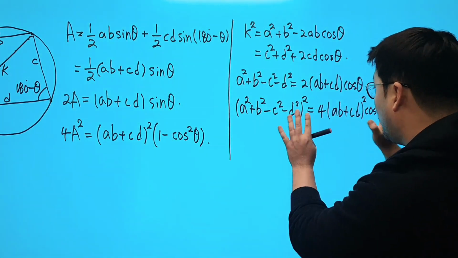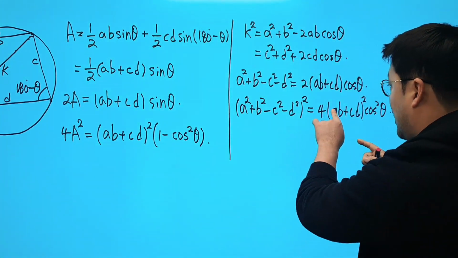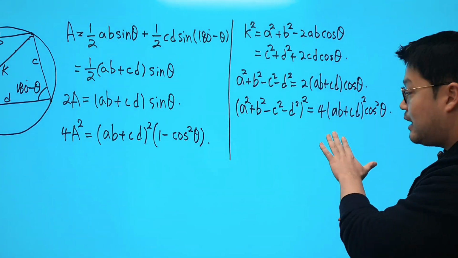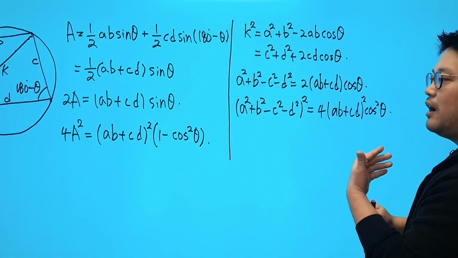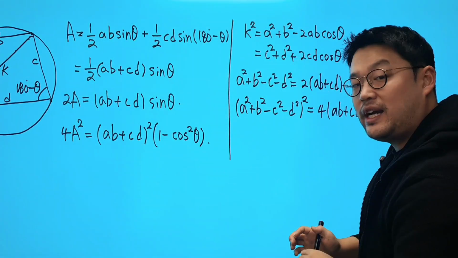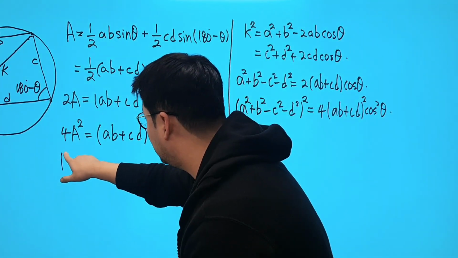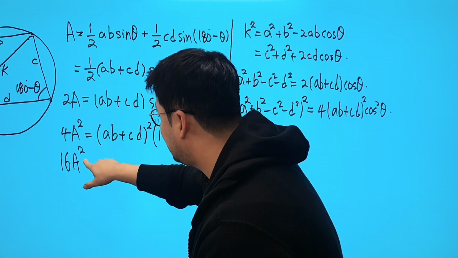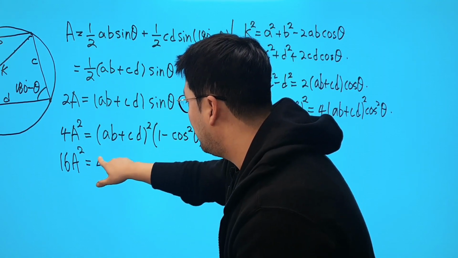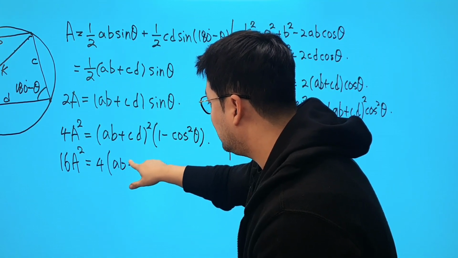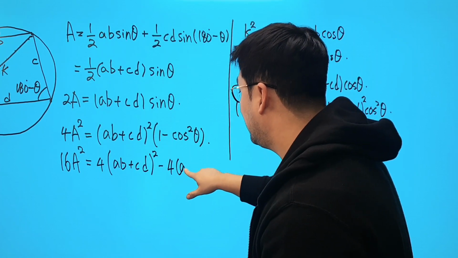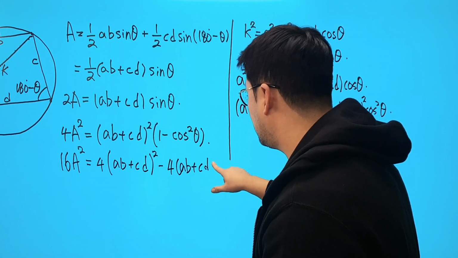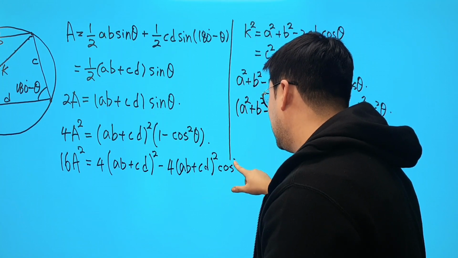Okay, so we're almost done, right? I really want to use 4 times AB plus CD squared and cosine squared in it. So how do I use it? I've got to multiply 4 to the left side and the right side. If I do that, I get 16A squared, and that becomes 4 times AB plus CD squared minus 4 times AB plus CD squared times cosine squared.